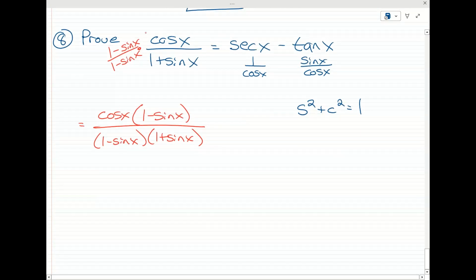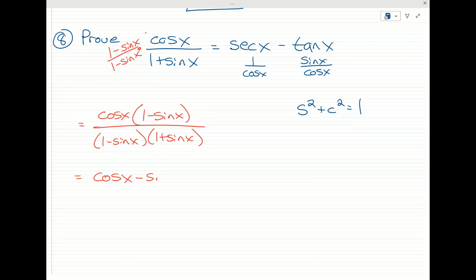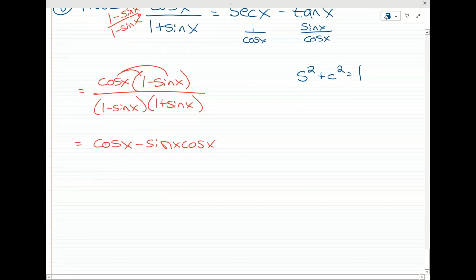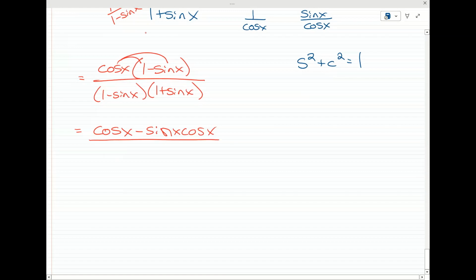Distributing, we get cosine of x minus sine cosine. And on the bottom, if we distribute, we get 1 plus sine minus sine minus sine squared.